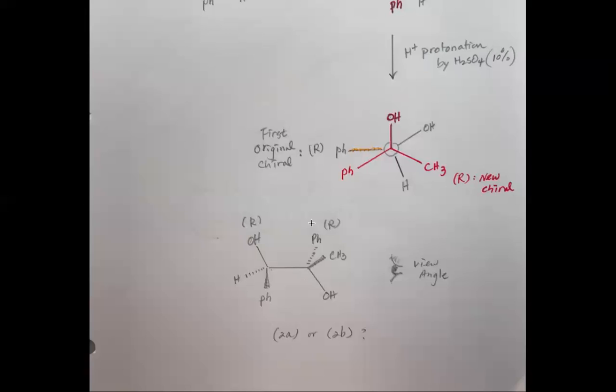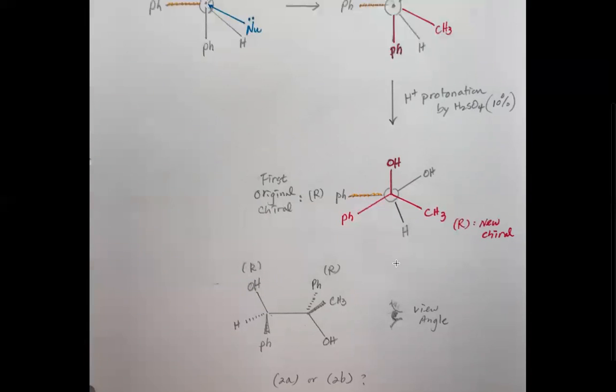Am I right? And I call this R and R because I view it from this angle. Of course, if you assign it according to the rule you learned in the past, it will be R and S. I just want to view from this angle to tell you this is actually clockwise and clockwise.